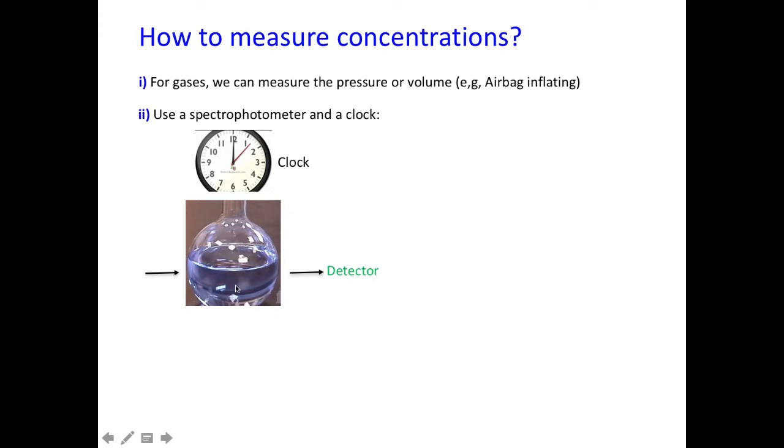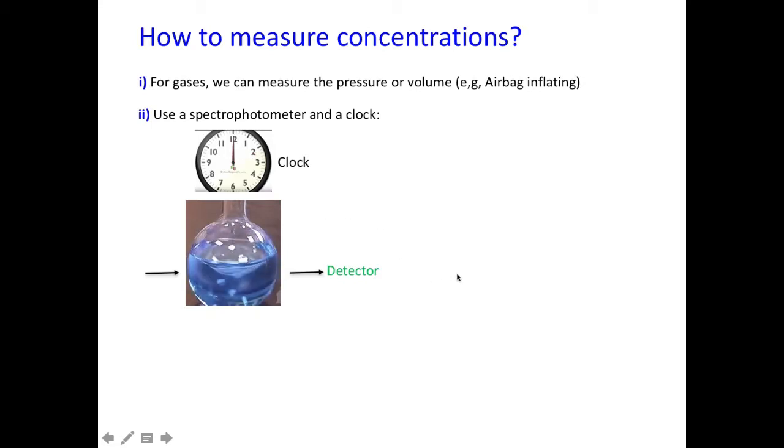The blue colored chemical is decomposing to give the products, and the products are transparent. So we can just add a detector here. We shine light to measure the absorption of the solution, and we see how fast this process occurs.